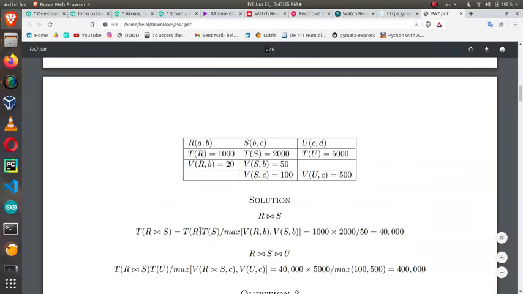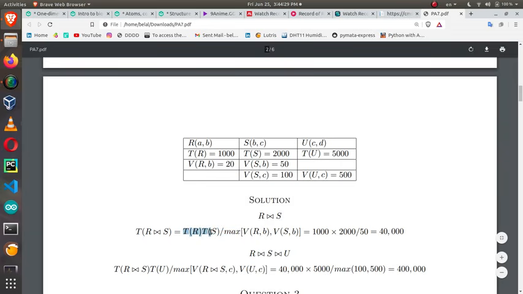Here we multiply T of R by T of S over the maximum number of distinct values for attribute B in both relations R and S, which got us 40,000. Then we multiply these 40,000 by T of U over the maximum number of distinct values for attribute C in both relations, this relation and relation U. So we can form the shorthand formula by multiplying these 2 fractions together.